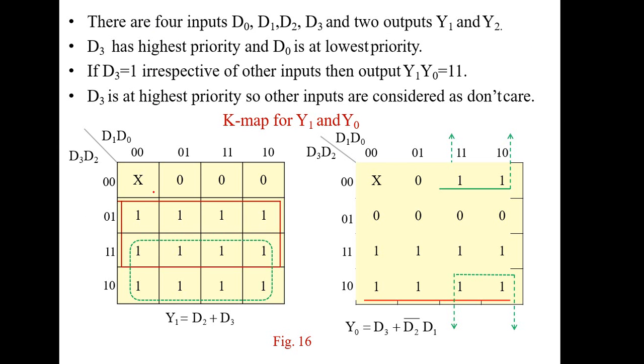What happens? We know that this is our 0, this is 1, this is 2, this is 3, and after that all 4 to 15 we have, and all are 1. So if you take this, all are 1, we can do two groupings, one from this red one, another from this one. If you take this grouping, what happens? The column gets cancelled.